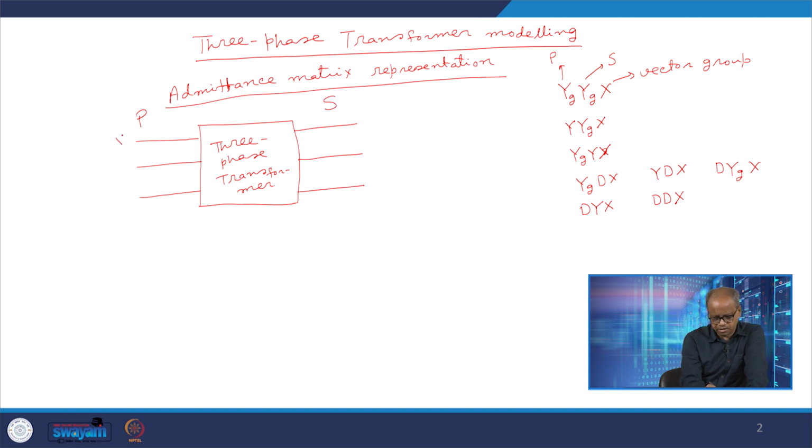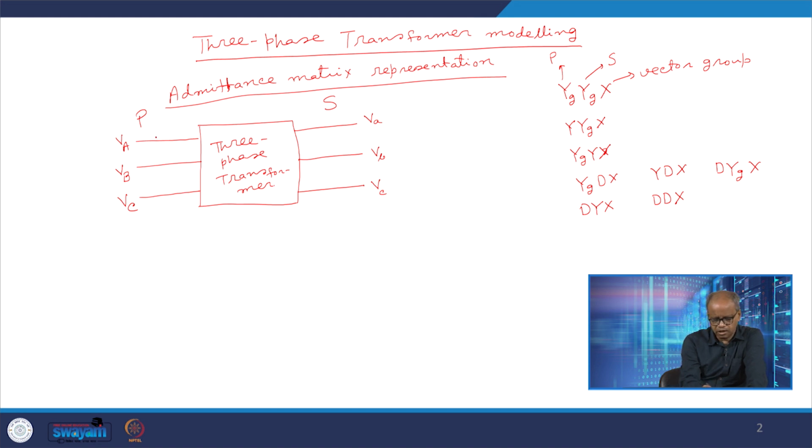At the primary side, I have capital A, capital B, capital C, with voltages VA, VB and VC, and at the secondary side small a, small b, small c. So, capital letters stand for the primary side and small letters stand for the secondary side.